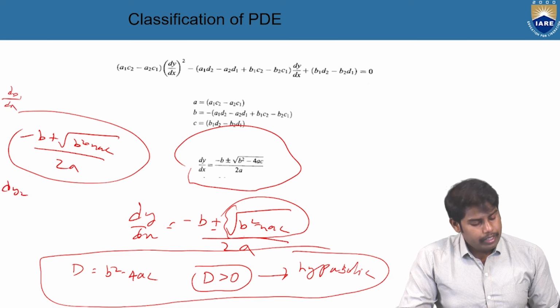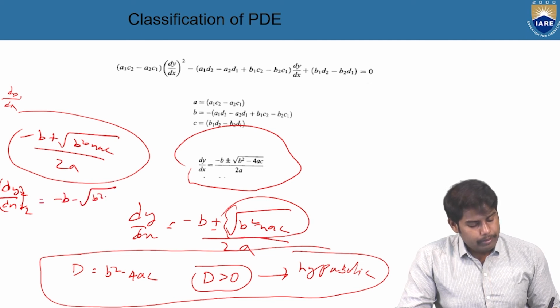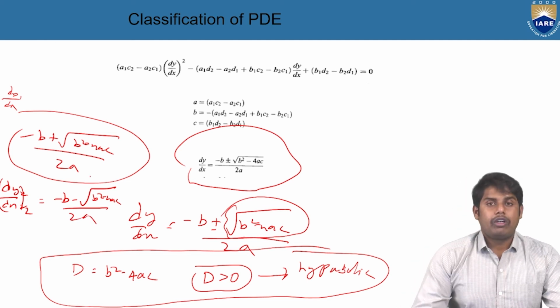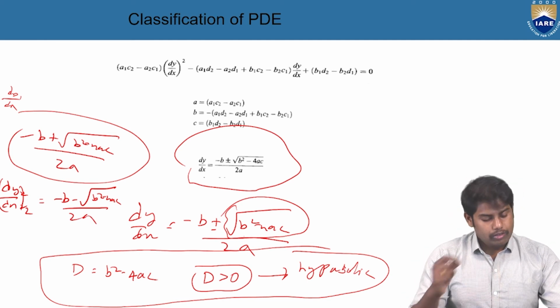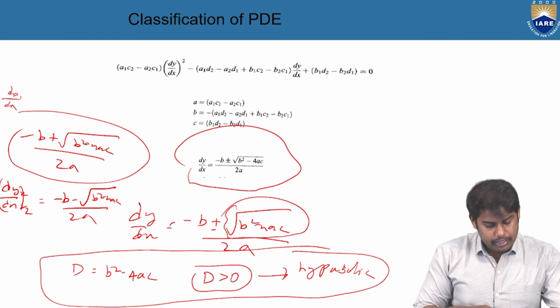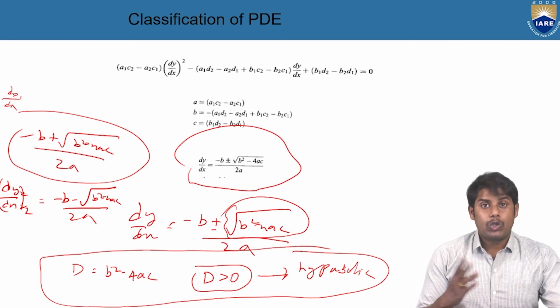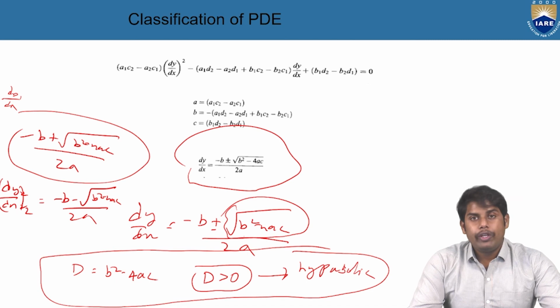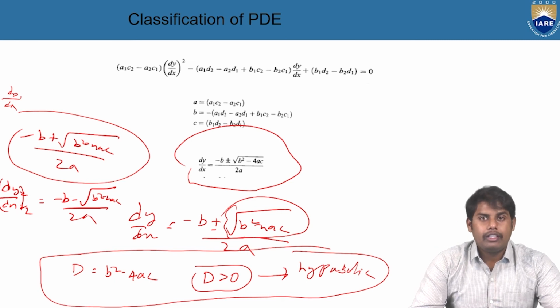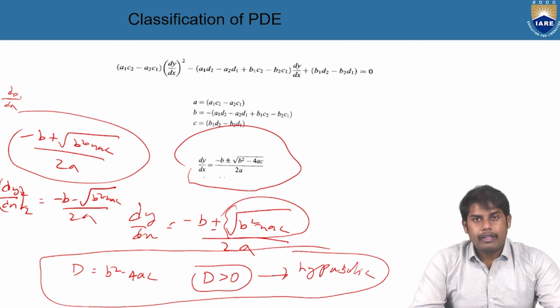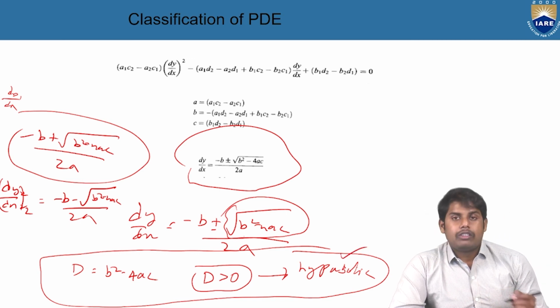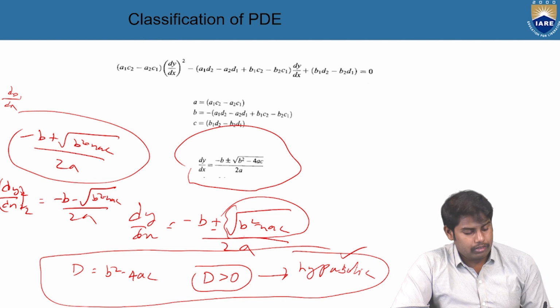The second one, dy2 by dx, would be minus b minus under root of b square minus 4ac divided by 2a. So when the discriminant is greater than 0, you'll have two distinct roots, so you have two equations. The meaning is that the solution is propagated in between these two distinct curves. This is for the hyperbolic equation. These aspects we'll be seeing in a further class.